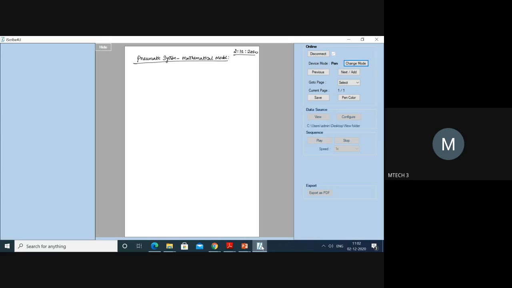Write down the pneumatic system mathematical model.